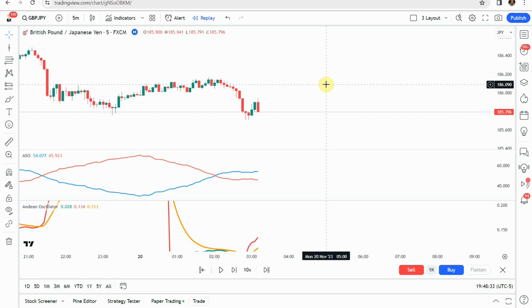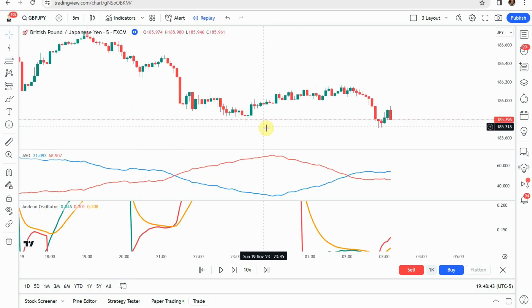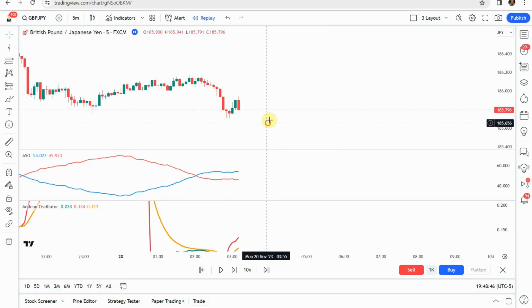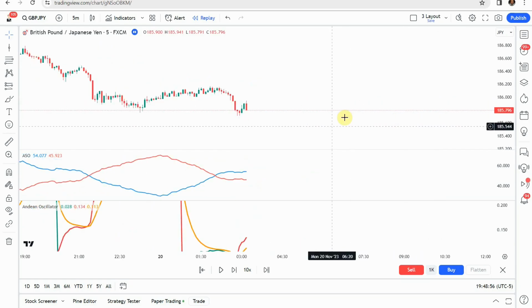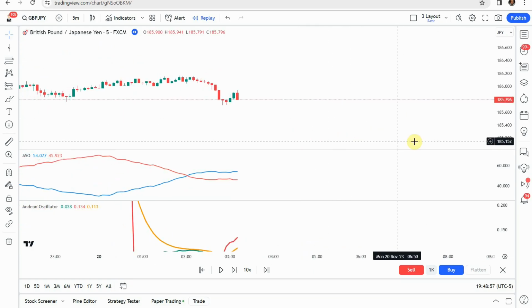So significantly more profits from the Academy of Forex strategy versus this strategy, but this strategy is a trend following strategy, and the Academy of Forex strategy is more of a reversal strategy. The two working together could probably get you some really nice profits on both sides of the market.